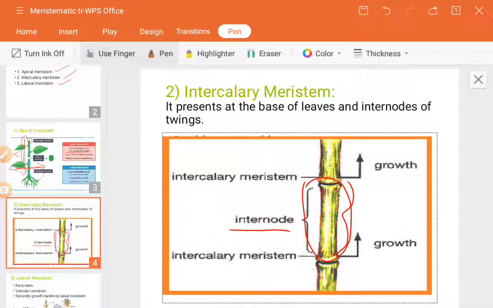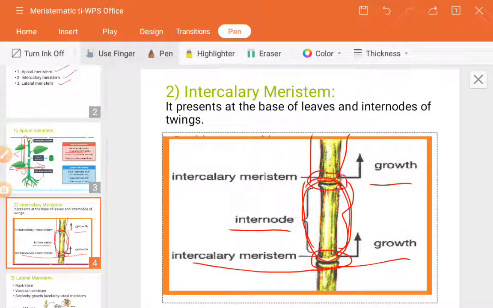Here growth can take place: if the plant is this much, from there the new one will grow, that's why it is known as growth. Here also growth can take place. So this is the intercalary meristem.